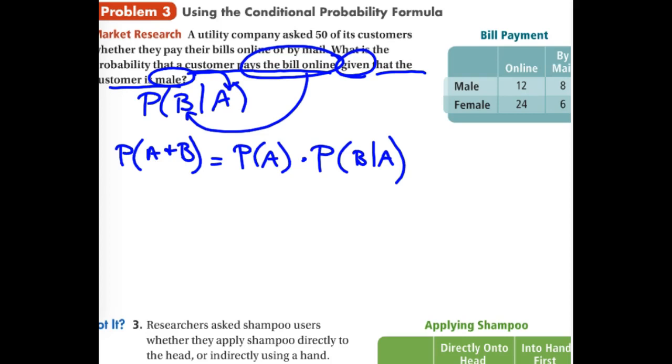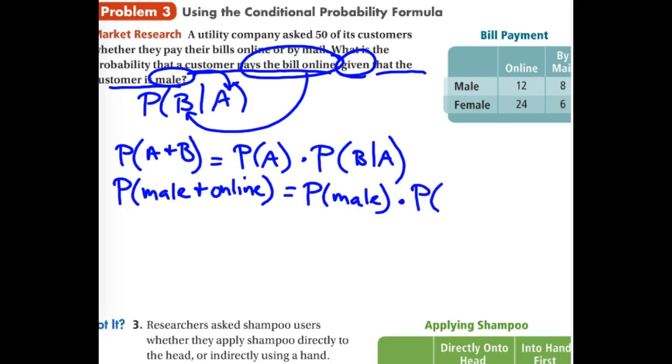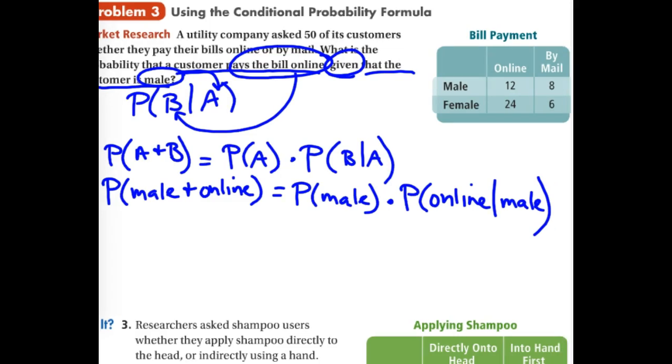Now let's rewrite it with male and online. A we said was male. B is online. So we need the probability they are male times the probability that they pay online given they are male. Looking at our table, can we figure out the probability they're male?